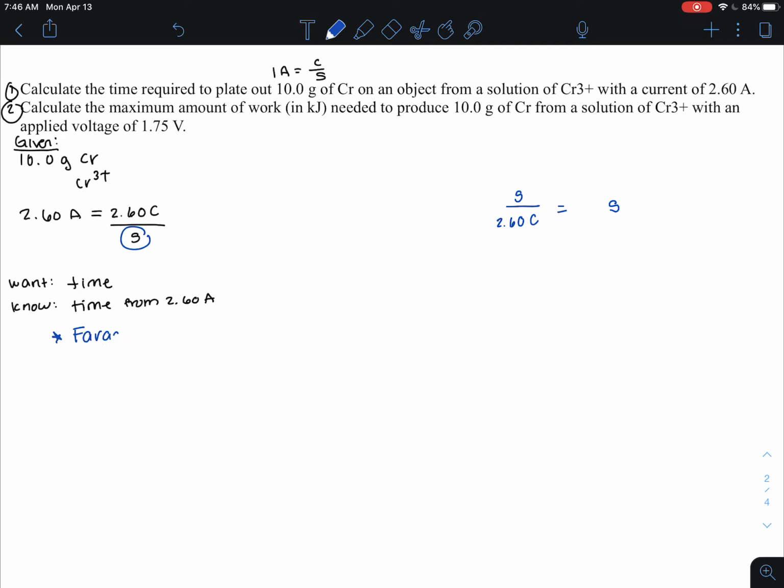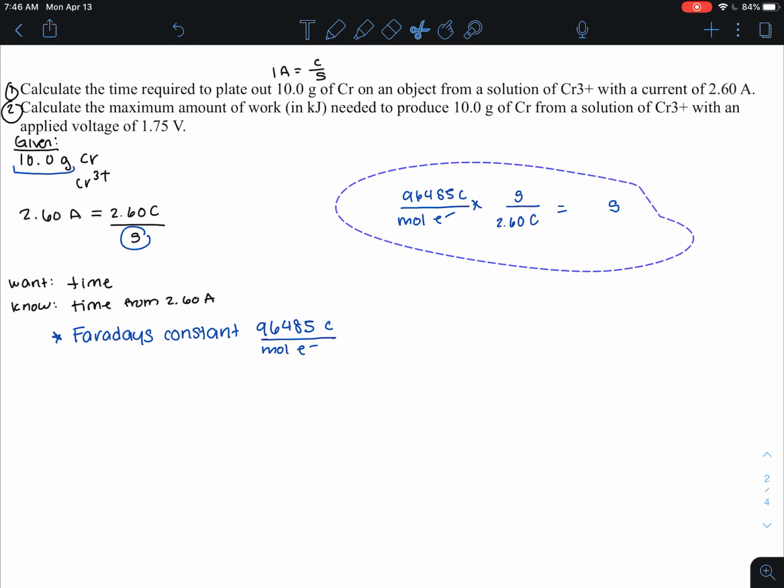Well, I know that my one constant that has coulombs in it is Faraday's constant, which is 96485 coulombs per mole electron. Well, if I multiplied this by my Faraday's constant, I could get rid of my coulombs and have time.